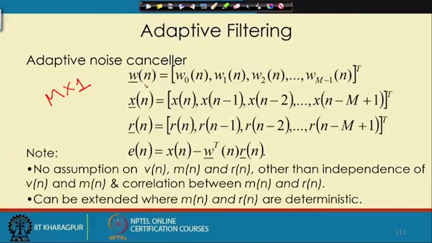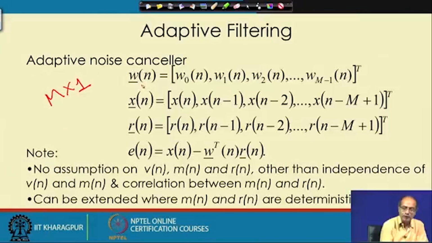And please note one thing: unlike the optimal filter, here the tap weight has an index of n, which means it is changing with time, so that it can adapt and give us the optimal estimate of the noise, even if the interfering signal or the signal of interest are changing with time, and maintain that optimality.